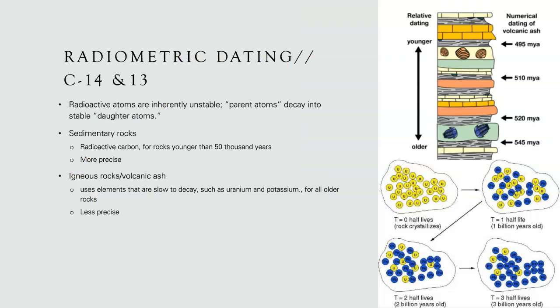So radiometric dating is crucial for climate science, for paleoclimate science studies, because it uses all or mostly organic evidence, which is really great when looking at the paleo evidence that is needed.